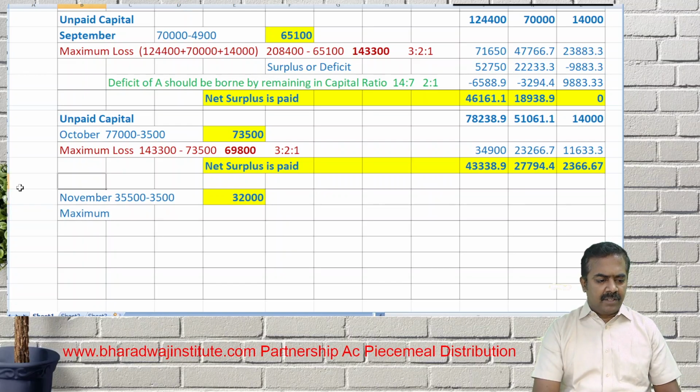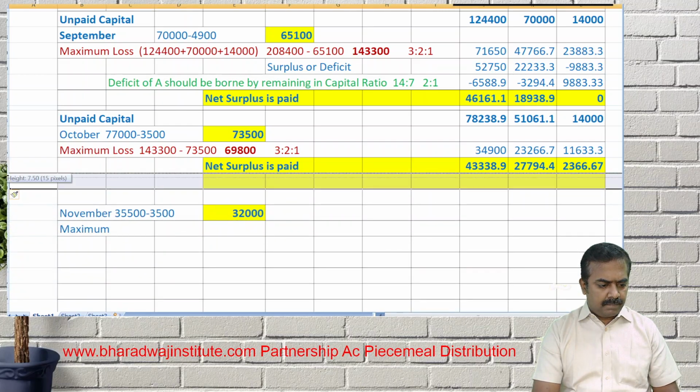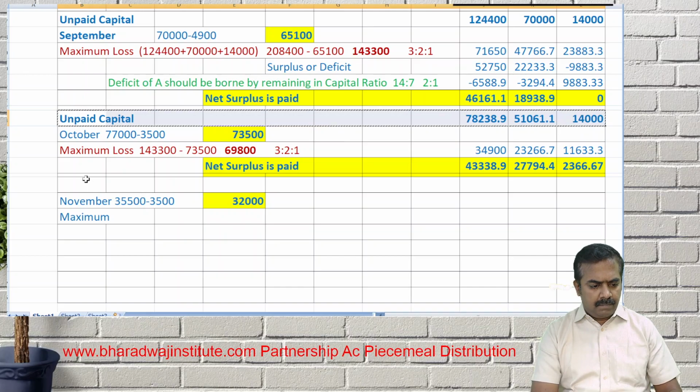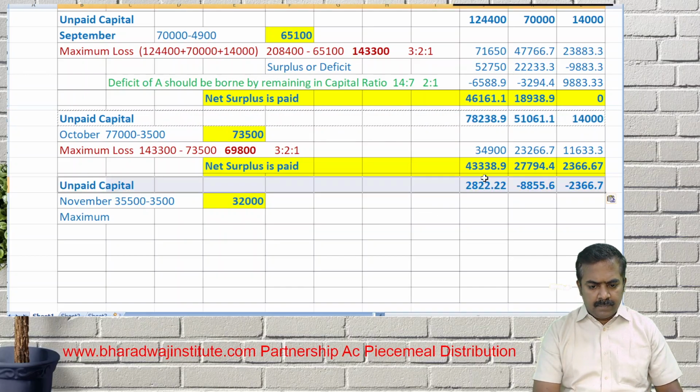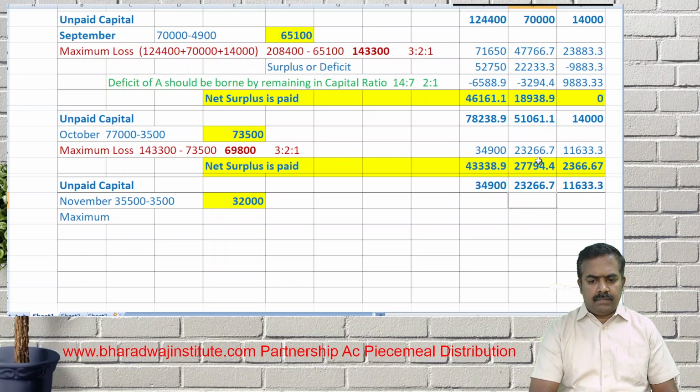Sorry, unpaid capital first, before that. Unpaid capital is this minus this. So again, we have to work out the maximum loss.